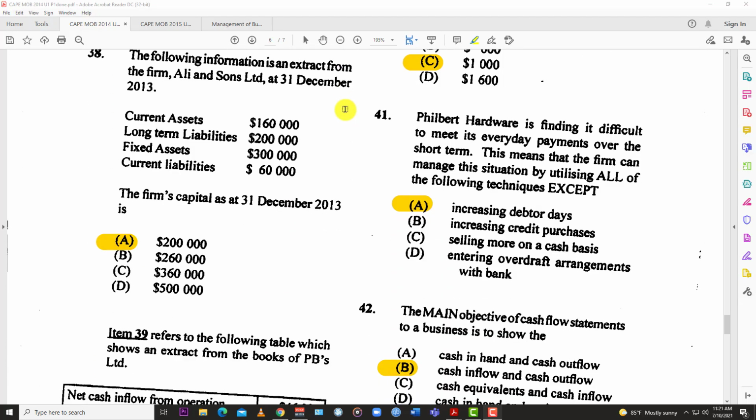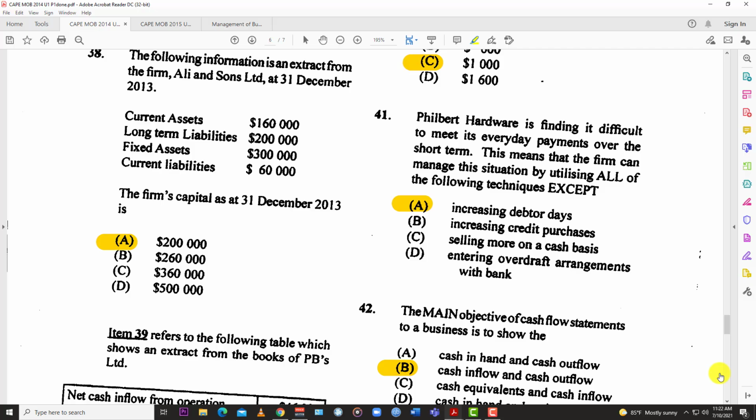38. The following information is an extract from the firm Ali & Son Limited at December 2013. So you have the information right there. Current assets 160k, long-term liabilities 200k, fixed assets 300k, and current liabilities 60k. The firm's capital as at December 31st, 2013 is, and the best answer here is of course A, 200,000.